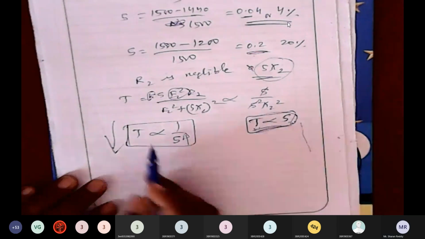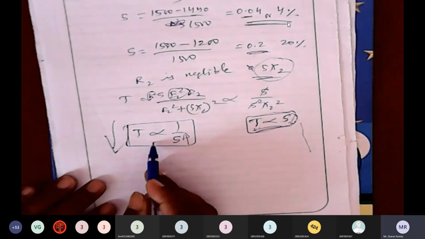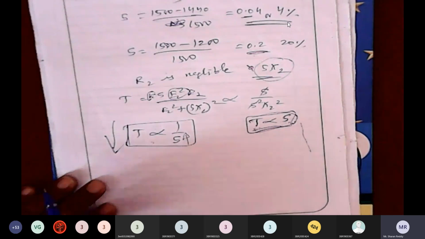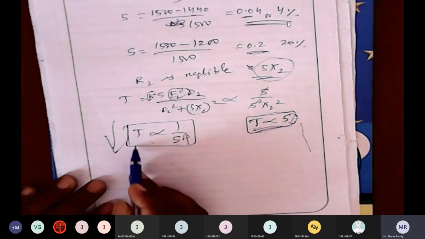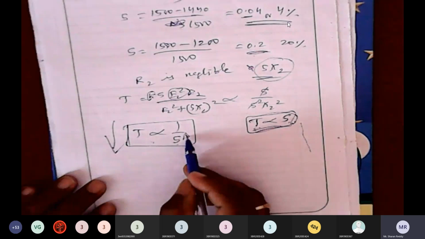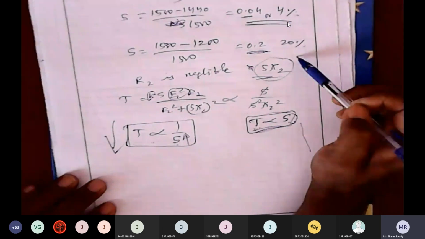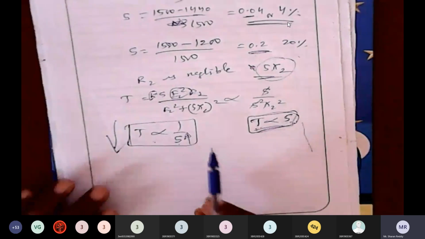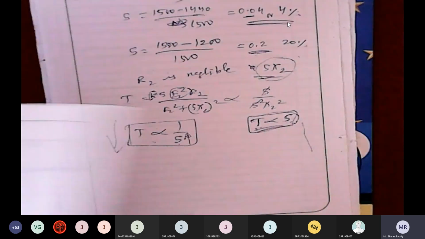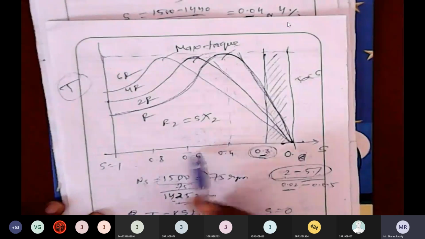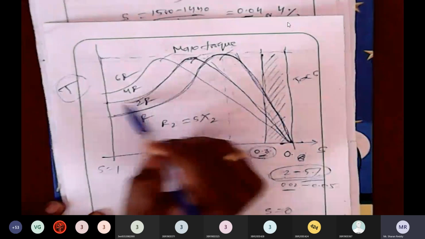But after Tmax is reached, any further increase in the slip, from 4% to 20%, makes the torque decrease. That's why after the maximum torque, you observe a decrease in the torque.